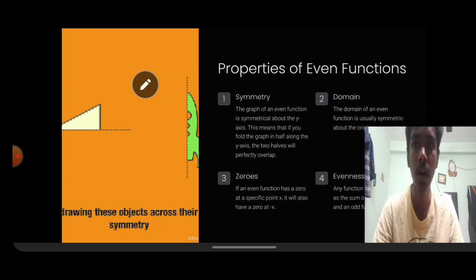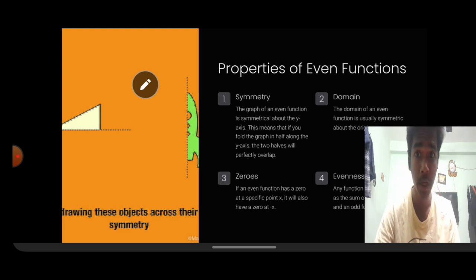Next, properties of even functions. Let's dive into the properties of even functions. These graphs are symmetric about the y-axis. If f of x is even, raising it to any even power n maintains the symmetry. Adding or subtracting two even functions results in another even function.